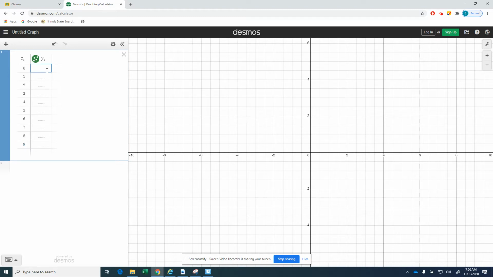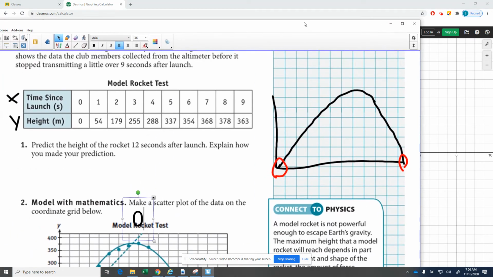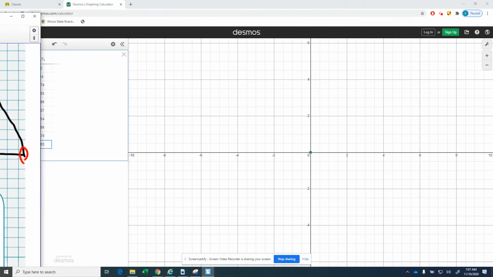And then for my y values, it's going to go 0, 54, 179, 5, 288, 337, 354, 368, 378, and 363. Okay? Notice how I literally took this graph that was on this page and plugged it in exactly as it is.